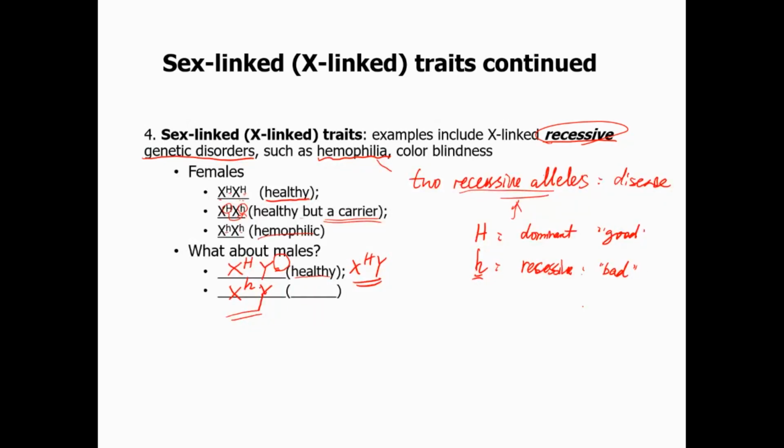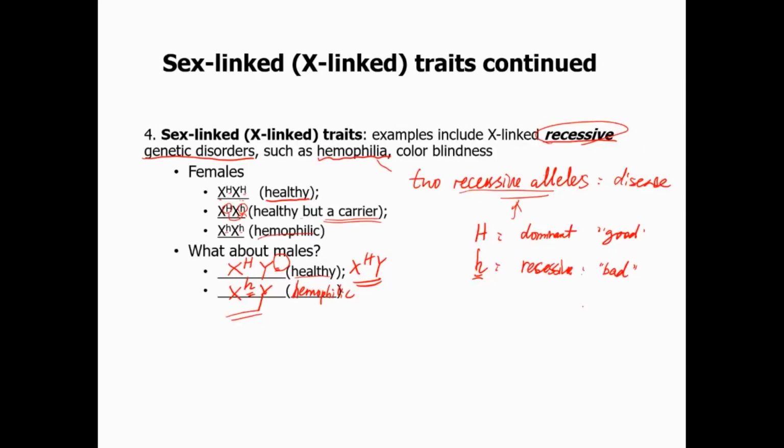Hemophilic, because it's a recessive genetic disorder, and you can have the disease with only one recessive allele, because in this case there's no dominant allele to mask it. So if you have one recessive allele and no dominant allele, you can also be sick. In this case, the male is hemophilic.